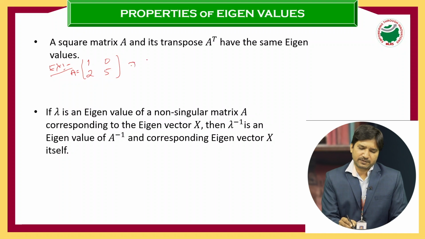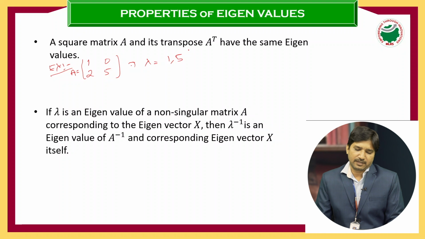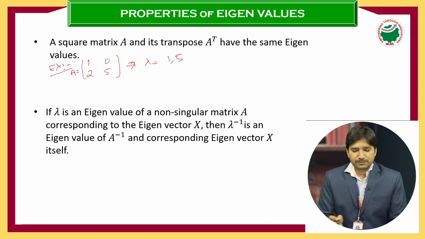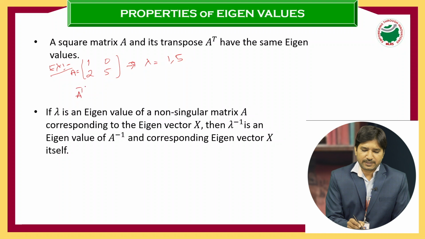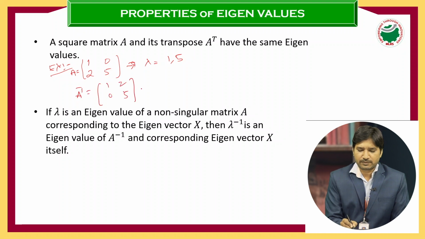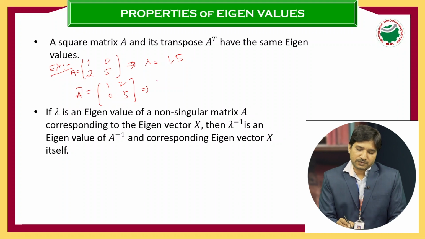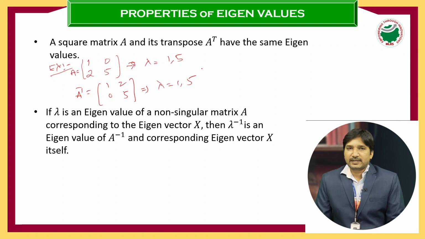The eigenvalues of the matrix are 1 comma 5. Now the transpose of the matrix, A power T, is 1, 2, 0, 5. The eigenvalues of the transpose matrix are also the same, that is 1 comma 5. So a matrix and its transpose have the same eigenvalues. That is the property.